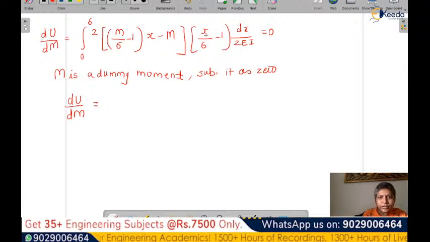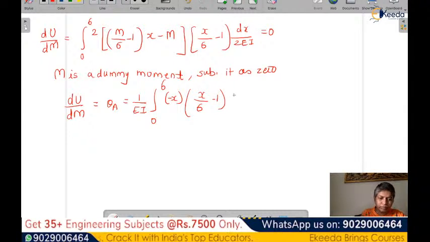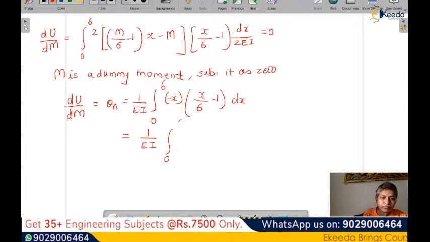Before that, just don't substitute, because otherwise you will have to do a lot of calculation and use so much energy in that. So when this becomes 0, only minus x will remain here. So once this is done, then it is 1 by EI, 0 to 6, (minus x square by 6 plus x) dx.